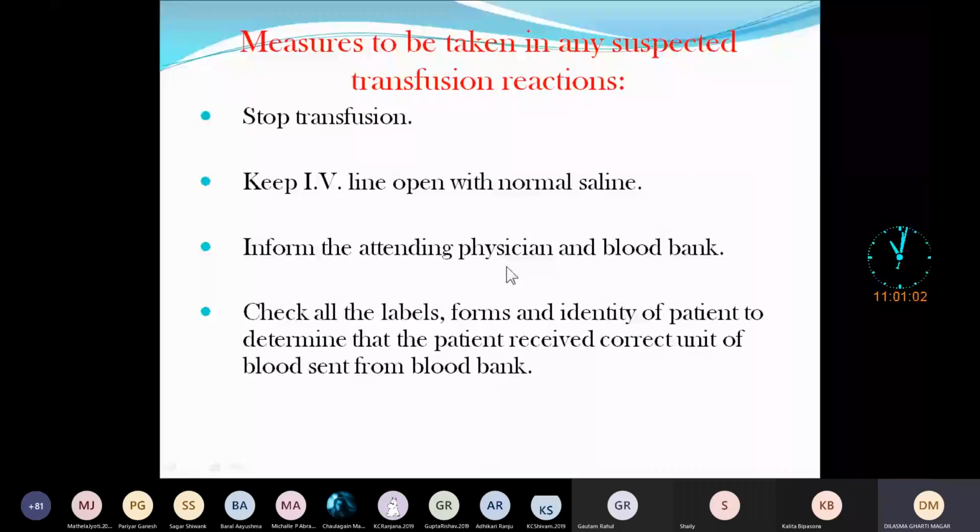The attending physician can come and see whether it is because of the blood bank blood or because of other things, and the blood bank also has to be informed so that they will have all the records, and they will check whether the exact cross-match blood was sent or not. And we also check all the labels, forms, and identity of the patient to determine that the patient has received the correct unit of the blood sent from the blood bank.